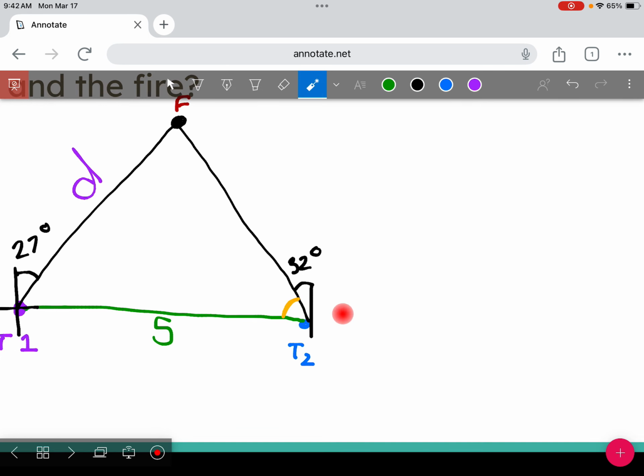These guys are directly east-west from each other, so this is a 90-degree angle. So 32 degrees and our 58 makes that a right angle. So what's this angle over here? 63. And what's this angle up here? 59.